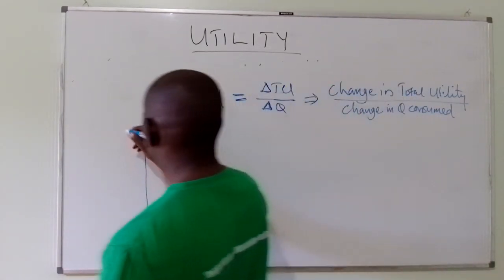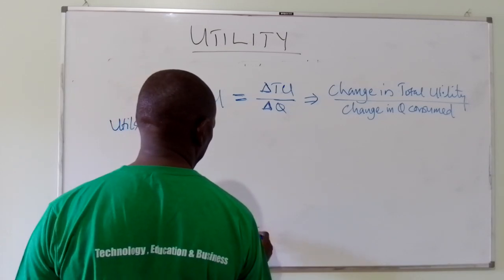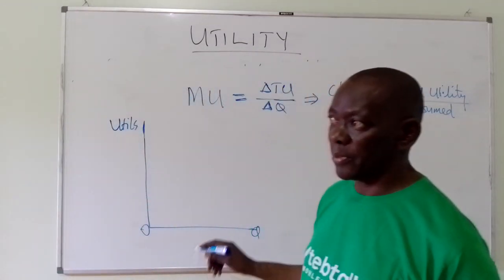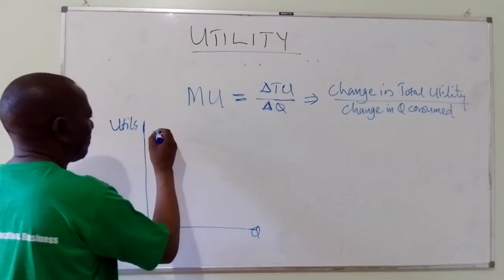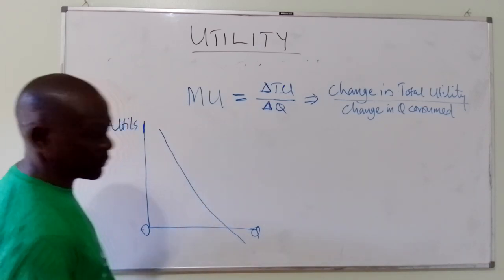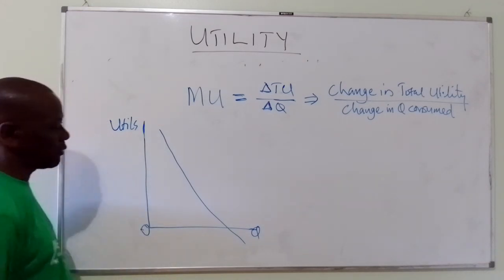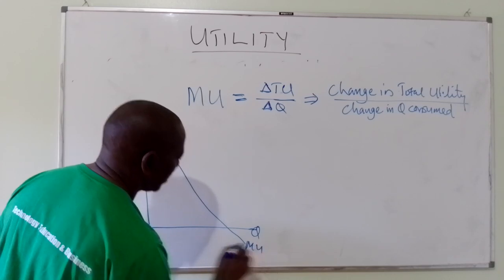So here we put UTILs, and here we put the product, the output, the quantity of the product that you are consuming. And for it, unlike the demand curve, this one will go and even cross the x-axis. It will cross the x-axis, and this is the marginal utility.